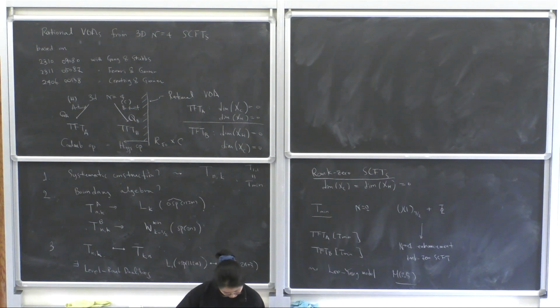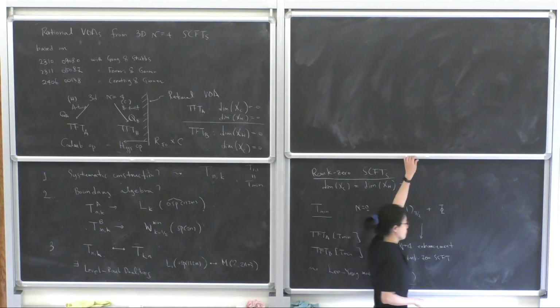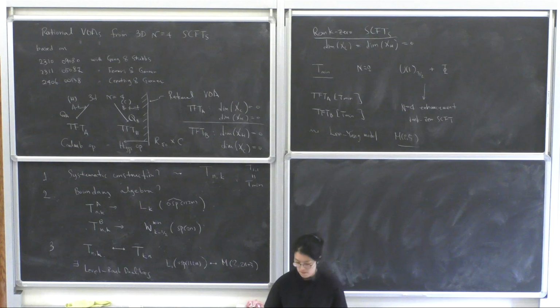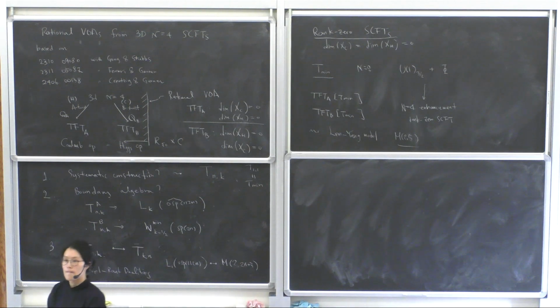Okay, so this is the plan. But I'm going to focus on 3D N=4 theory whose Coulomb branch and Higgs branch are both just points. I think it's a good question.